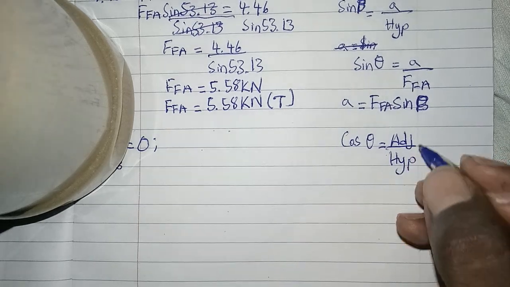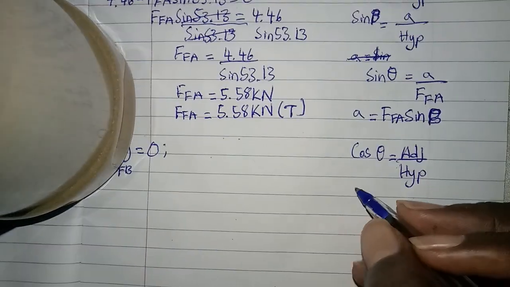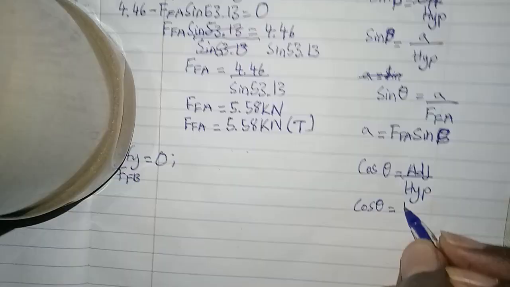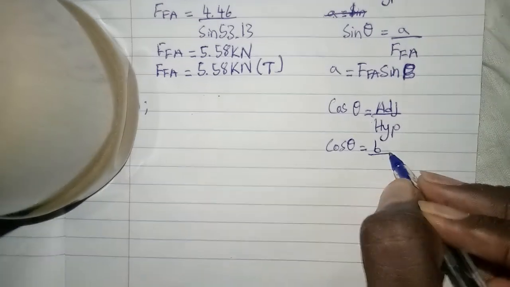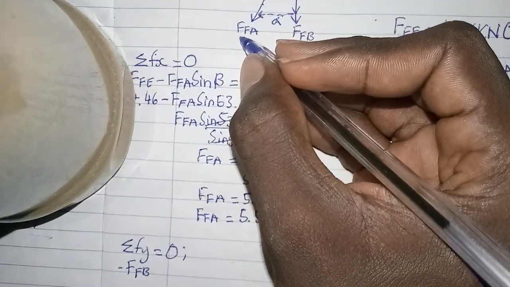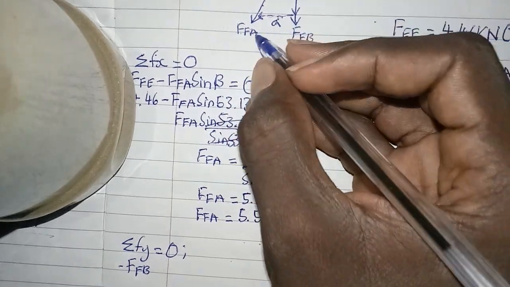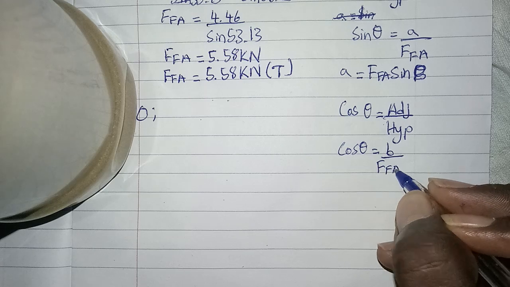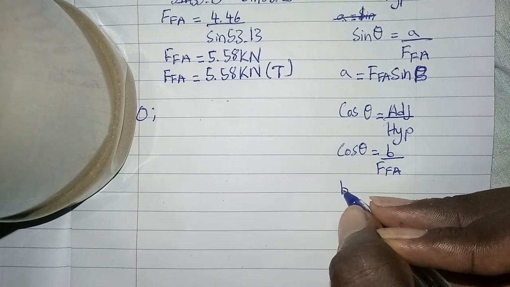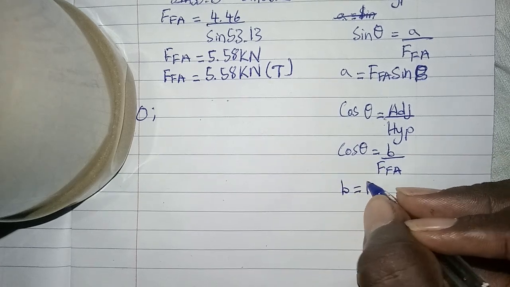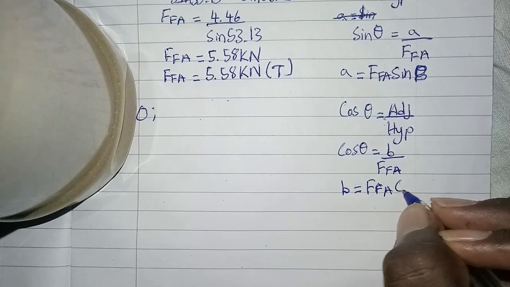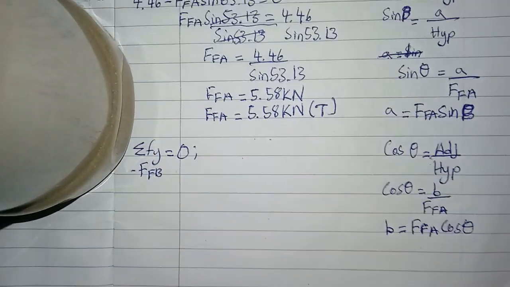The adjacent is B, so cos theta equals B over the hypotenuse, which is force FA. Making B the subject, B is equal to force FA cos theta.